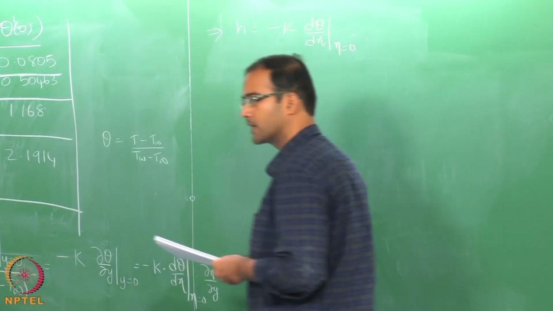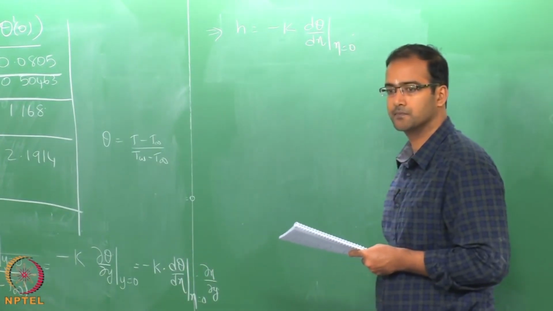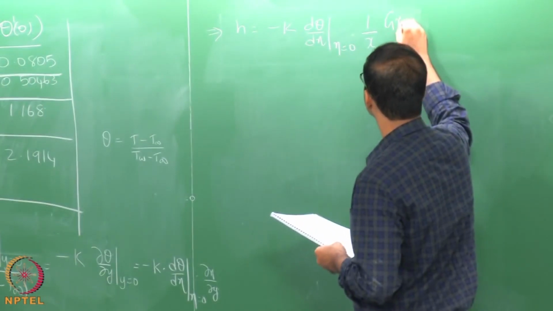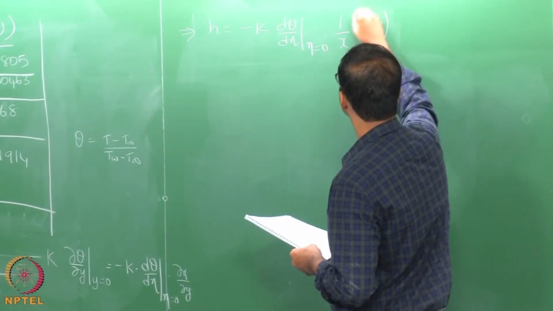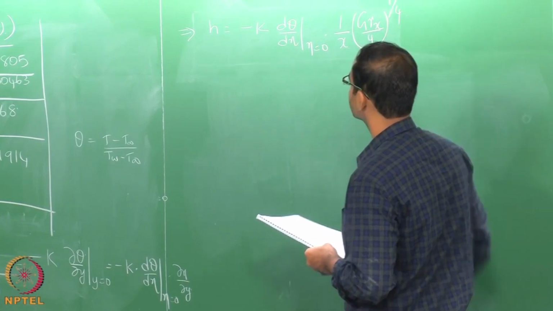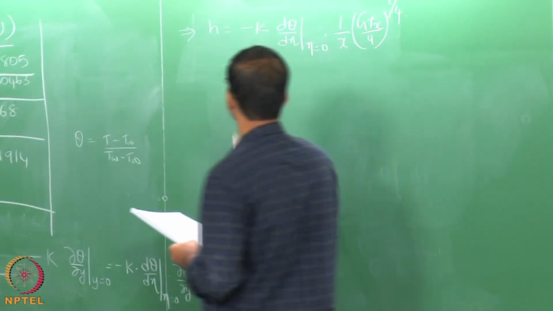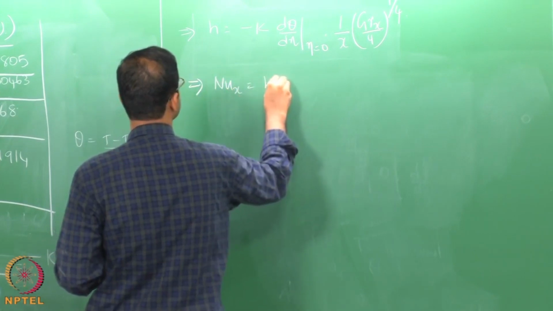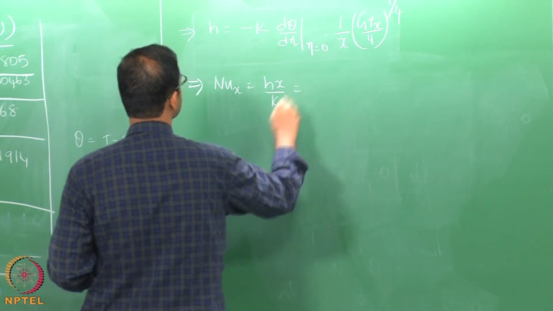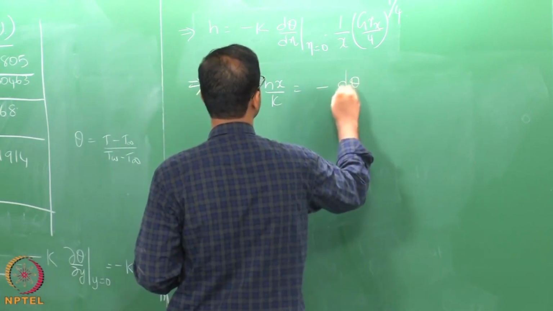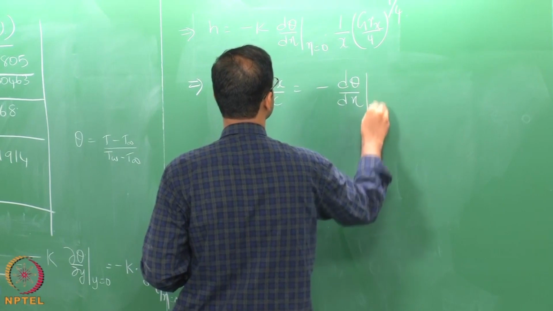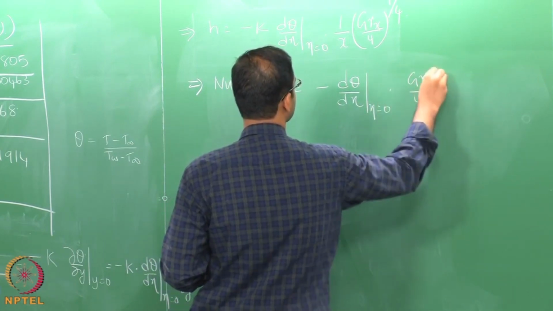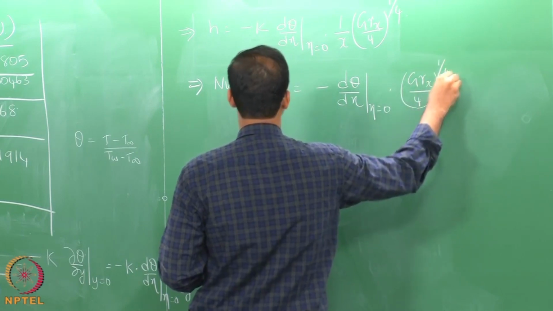So what is d eta by dy? 1 by x into Grashof number by 4 raised to the power 1 by 4. Okay. So therefore, if we define a local Nusselt number as hx by k, we simply have minus d theta by d eta at 0 into Grashof number by 4 raised to the power 1 by 4.